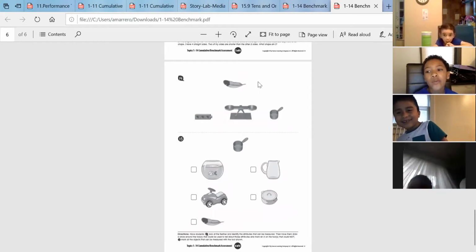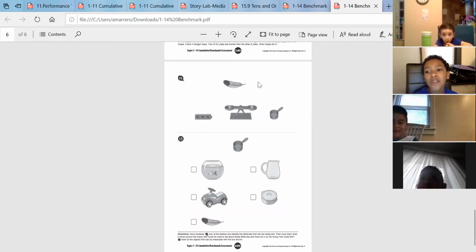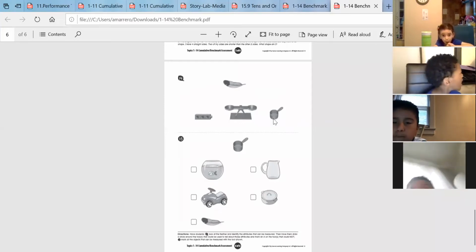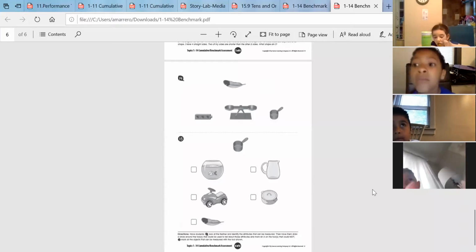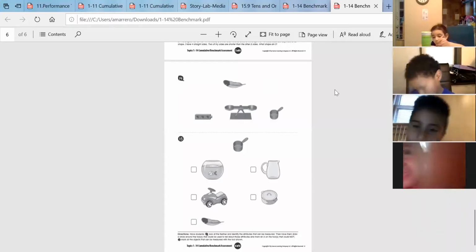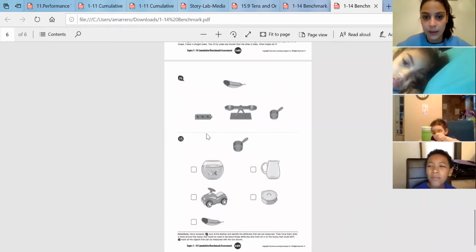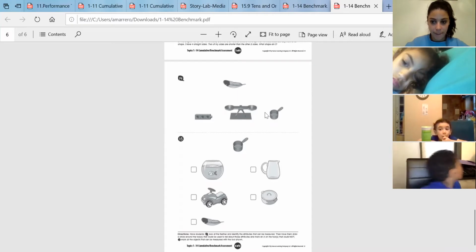So think about all the things we can measure and how we can measure maybe how tall something is or how much something holds. Is it the cube train, the scale, or the measuring cup? How can we measure the feather?